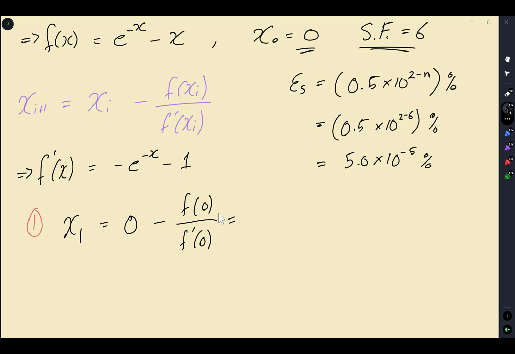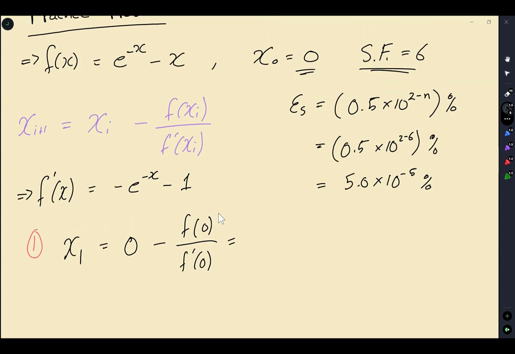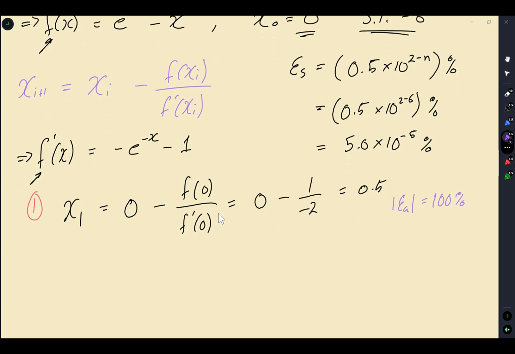I'm not going to do all the simple calculations. To get f of 0, you plug 0 into this equation, and for f prime at 0, you plug 0 into this equation, and you get the values. So you would get 0 minus 1 divided by negative 2, which is 0.5. Here we have a percent relative error of 100%, going from 0 to 0.5.